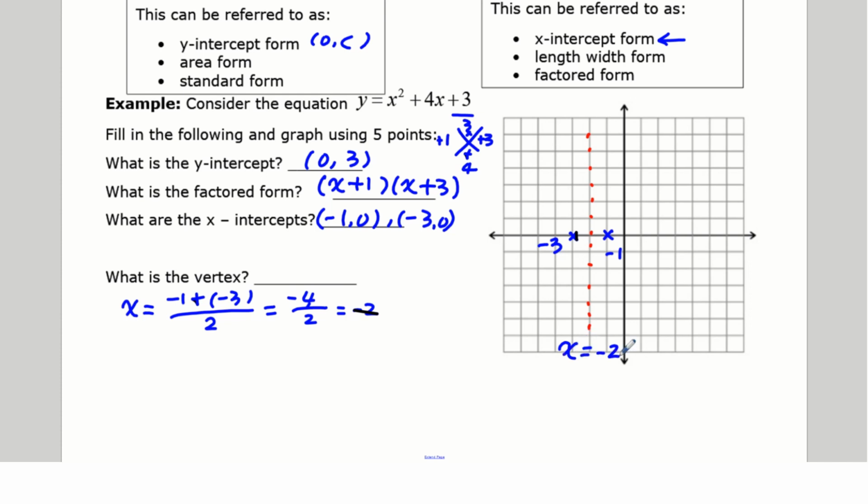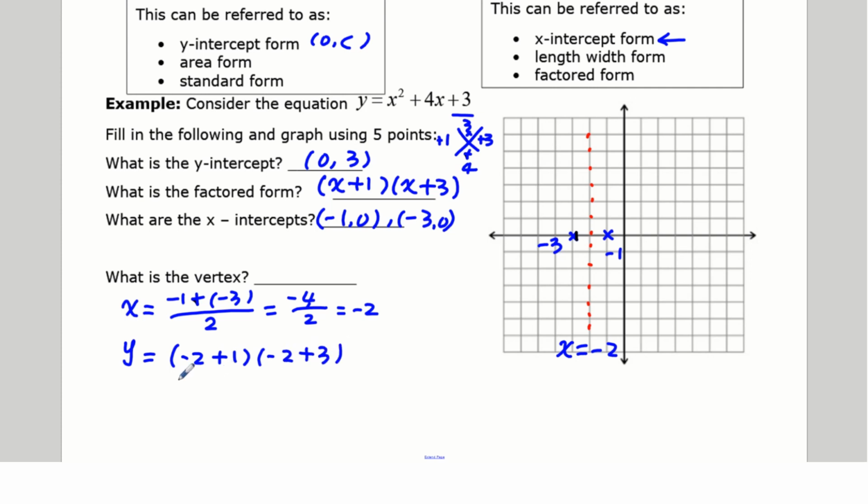Then we need to find the y value for the vertex. So x equals negative 2. To find the y value of the vertex, we do the substitution. We could use the factored form: negative 2 plus 1, negative 2 plus 3.